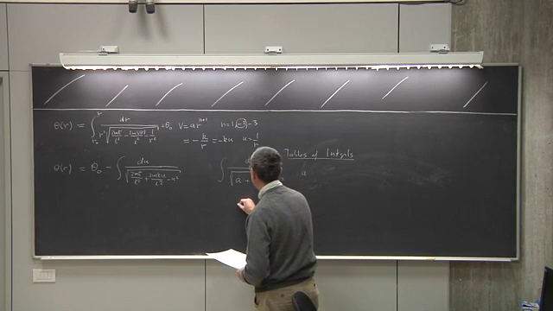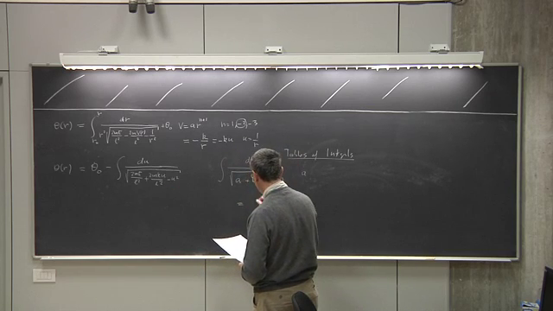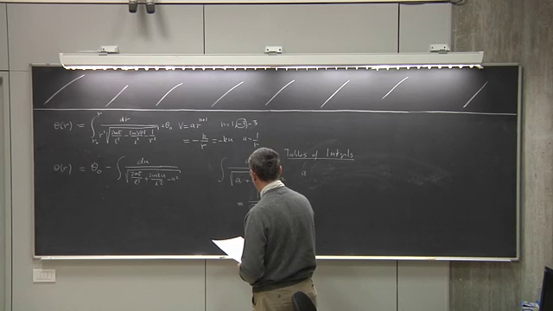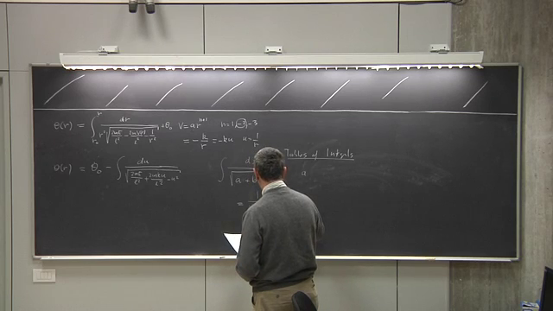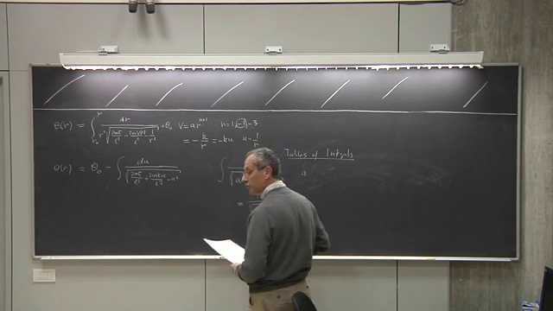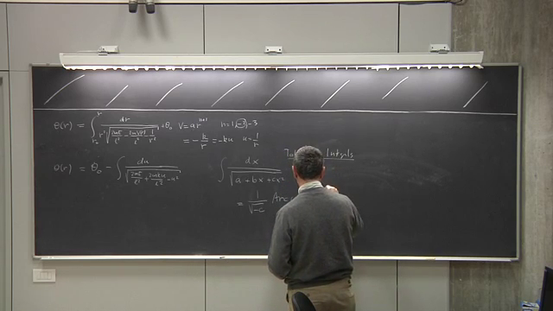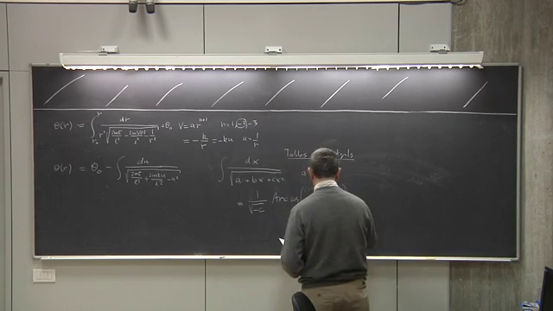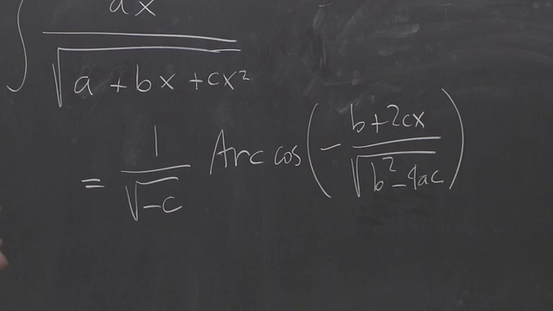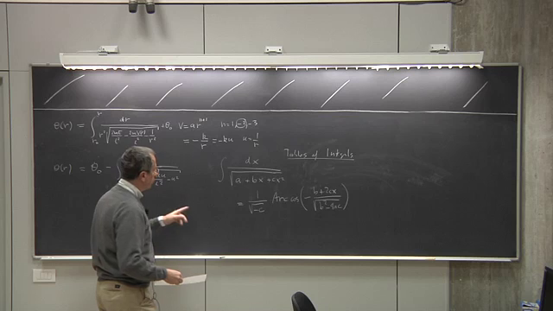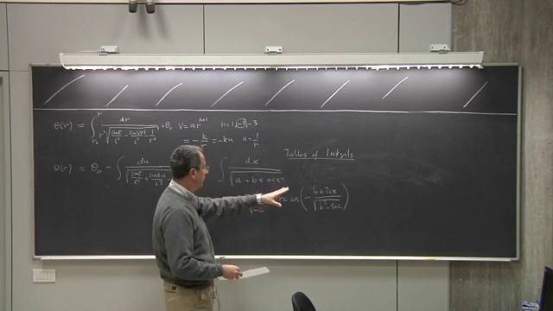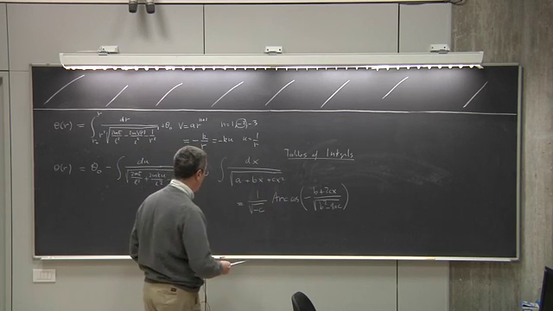In fact, you find this in the table, and you see that this is equal to minus 1 over square root of c, the arc cosine, so the inverse function of the cosine, of minus b plus 2cx over square root of b squared minus 4ac. So all you need is to know what A, B, and C are for your case, and then you have solved the problem.